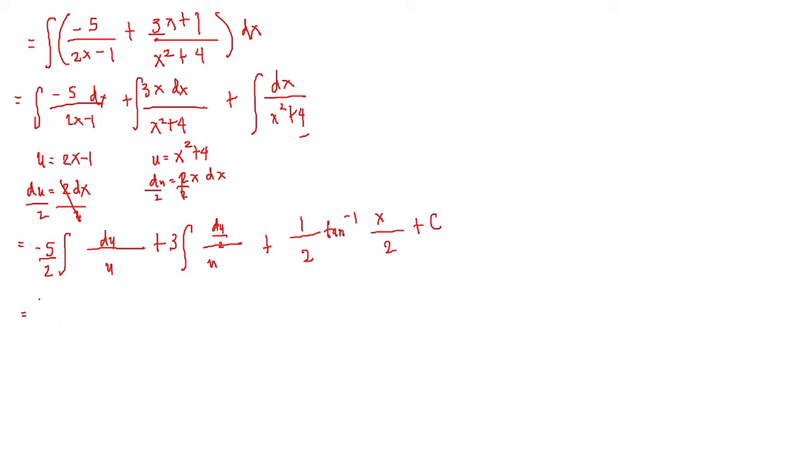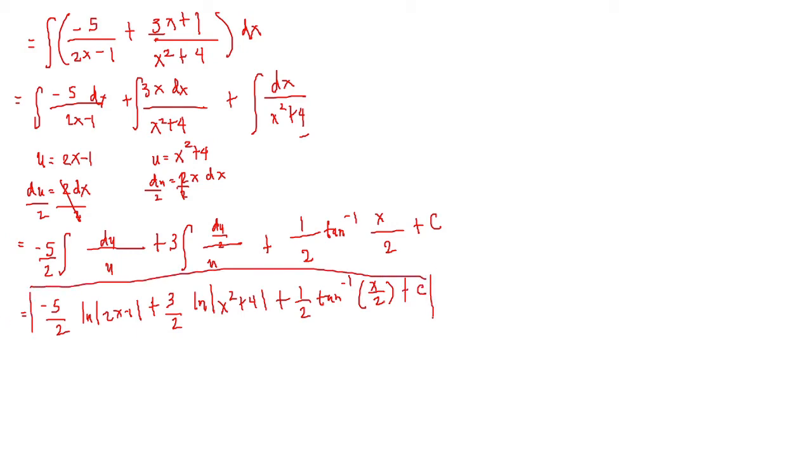So further simplification, it's negative 5 halves ln of u or 2x minus 1 plus 3 halves ln of x squared plus 4 plus 1 half arctan x over 2 plus c, and that is your final answer.